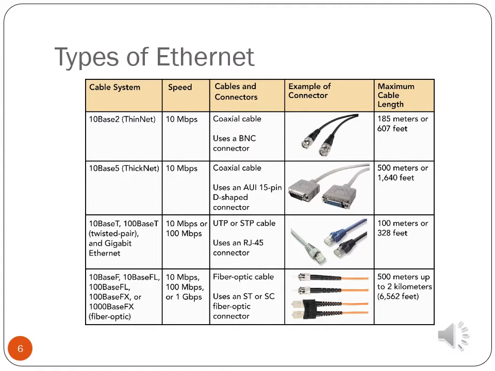Now, a little bit more about this. What is the speed, the bandwidth of these systems? In this chart it says 10-base-T runs at 10 megabits per second, 10 million bits per second. That standard is not common anymore.